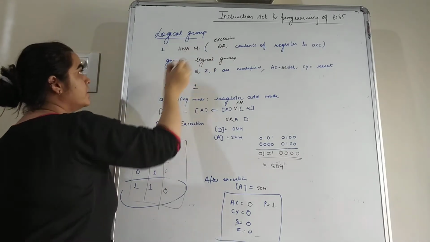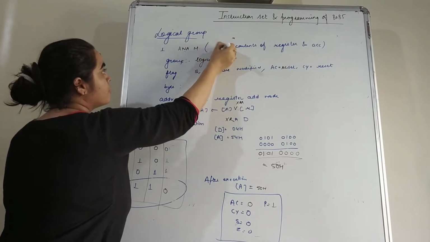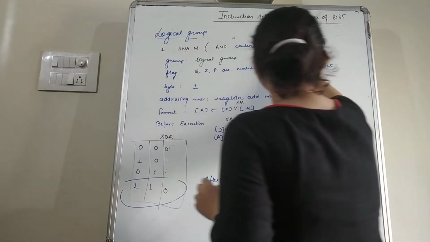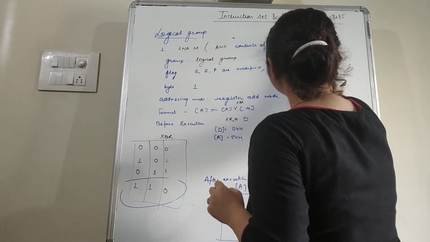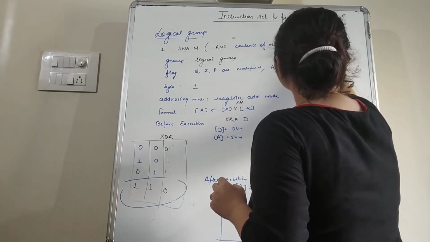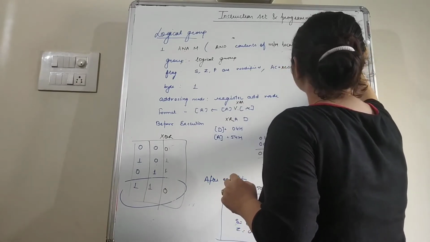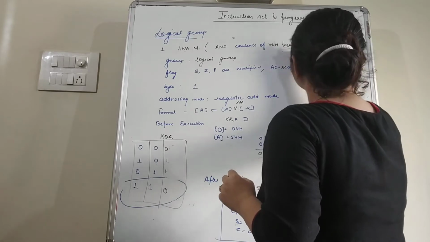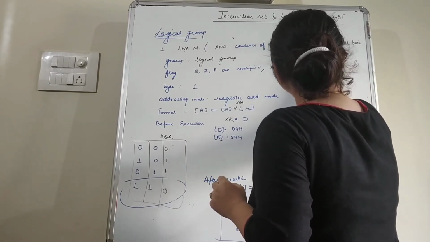Now students, after this now we can see ANA M. So that means we can AND the contents of the memory location that is pointed by HL pair with the contents of accumulator.